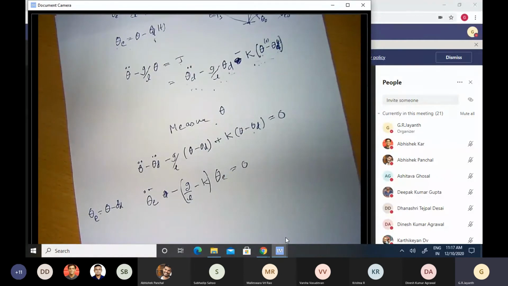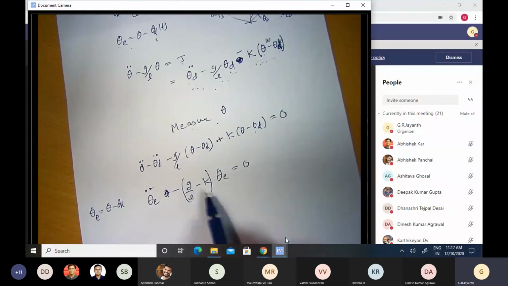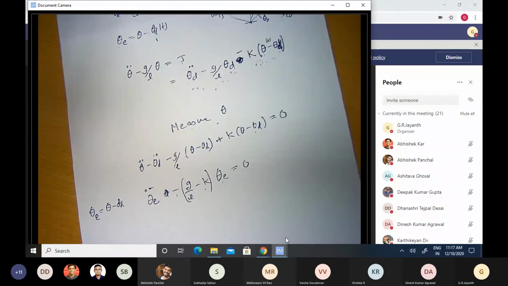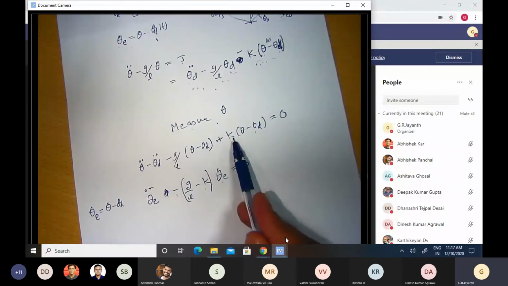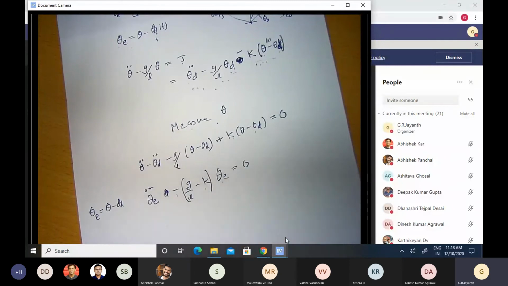Now, what great thing did I succeed in doing in this process? I have brought in this extra parameter. My original system was unstable because I had a negative term being a coefficient of theta e. But now I have this constant k, which I can pick as an engineer.